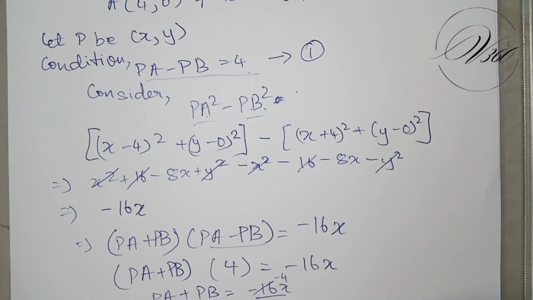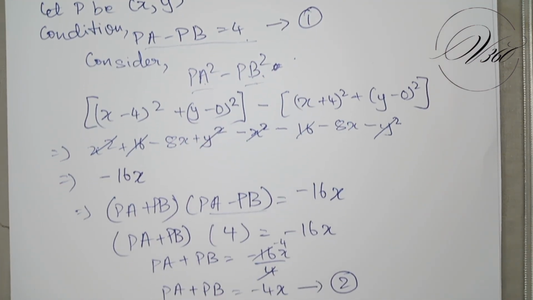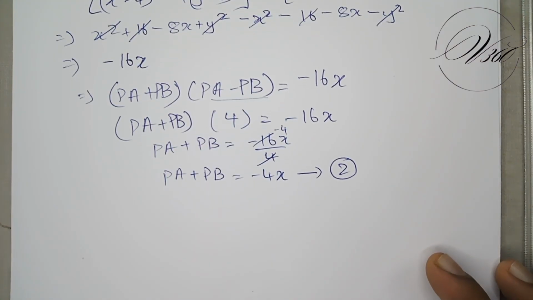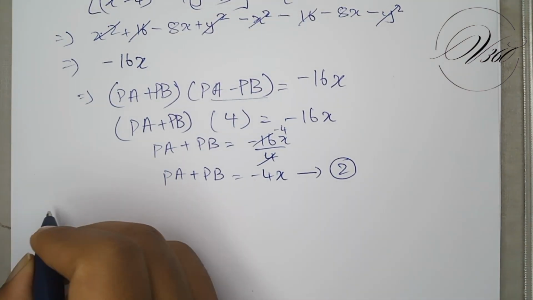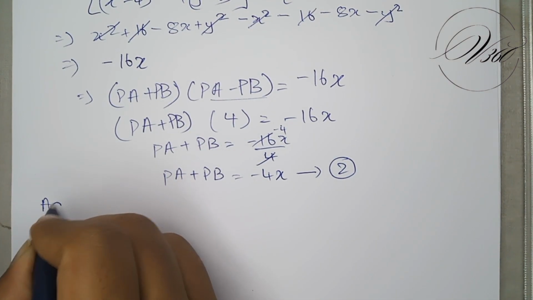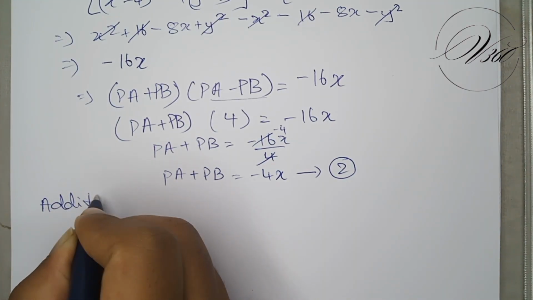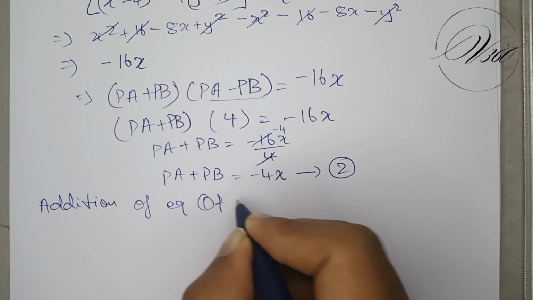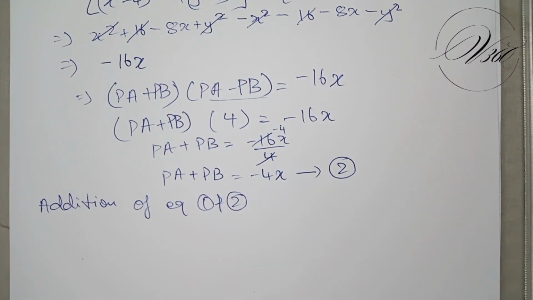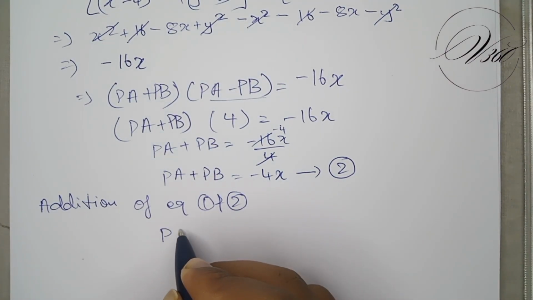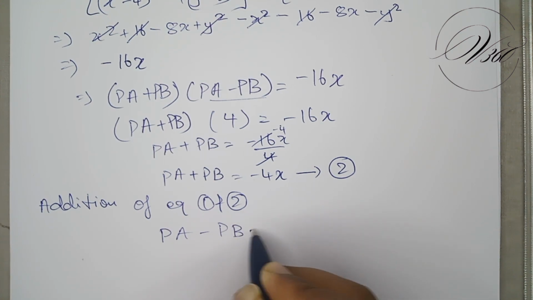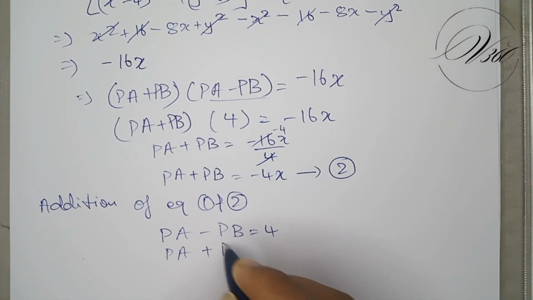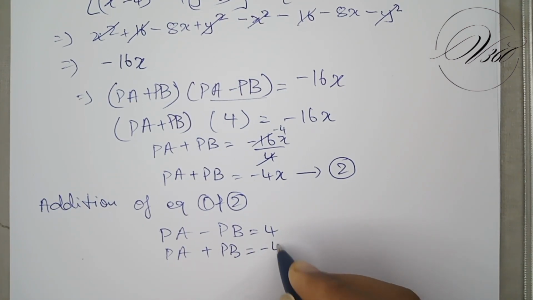This is now the second equation. Okay, I think you might understand. I have solved stepwise. Now we will take addition of equations. Which equations? 1 and 2. We have only 2 right now. PA minus PB is equal to 4, and PA plus PB is equal to minus 4x.